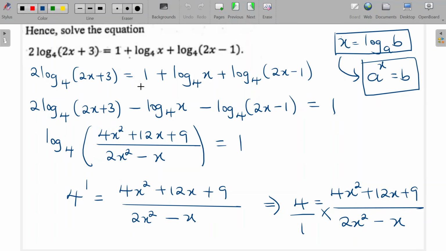The key thing in a logarithm is that I'm not supposed to get a negative value or a 0 in here. Once I get a negative value or a 0, it makes that solution invalid.